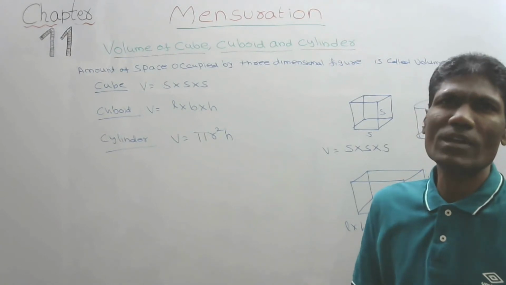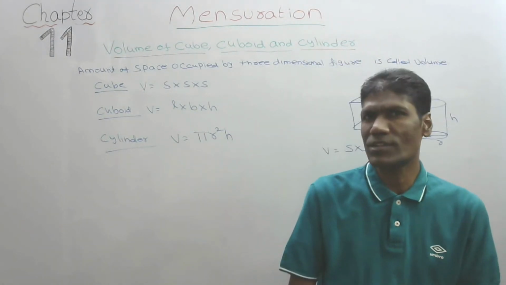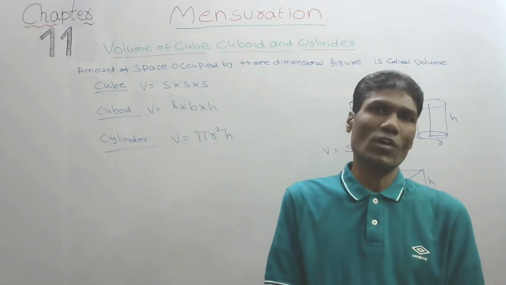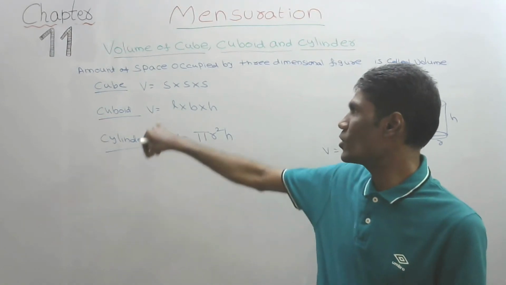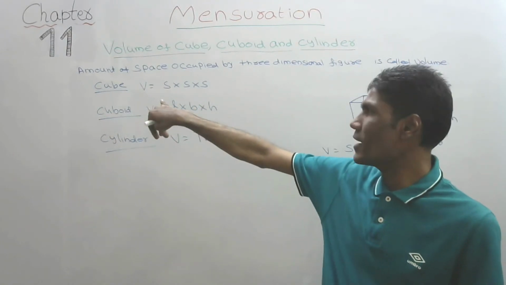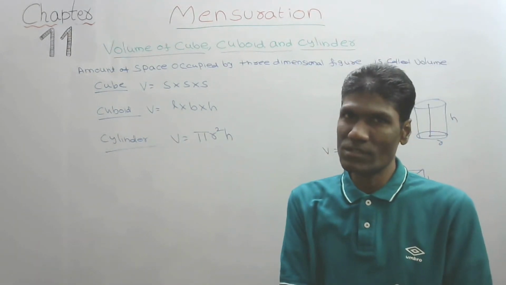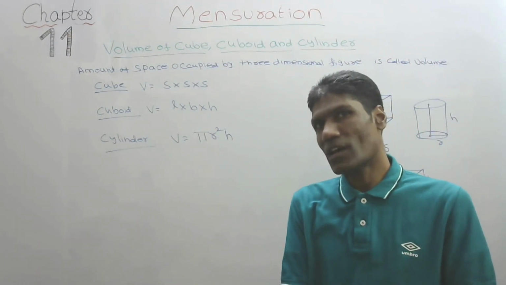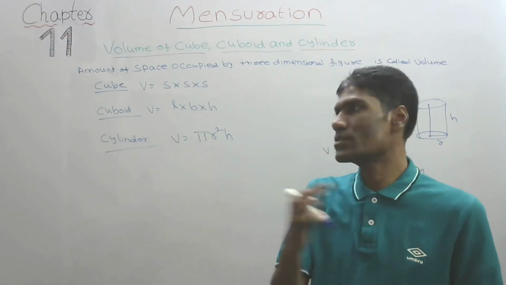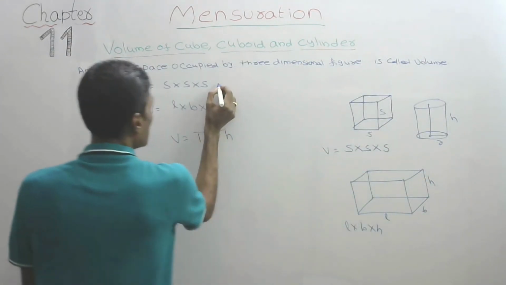The same problem, even in earlier cases also, we have faced: how to remember the formulas. Now, there is no need to remember. Directly we can analyze and we can say. That is for a cube, what is the base? Square. Area of a square is s square, into s. This will be s cube.